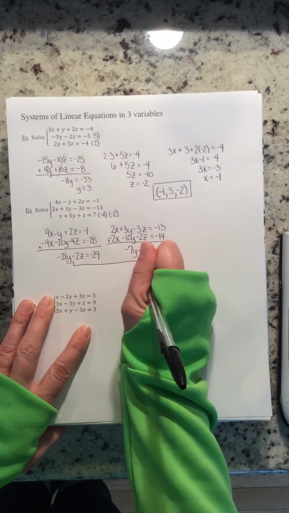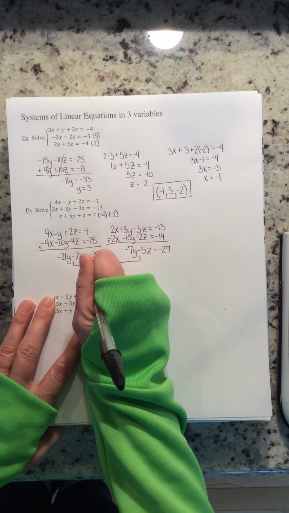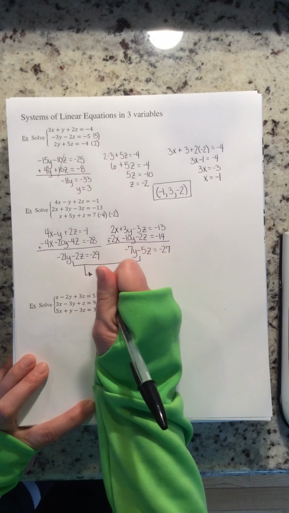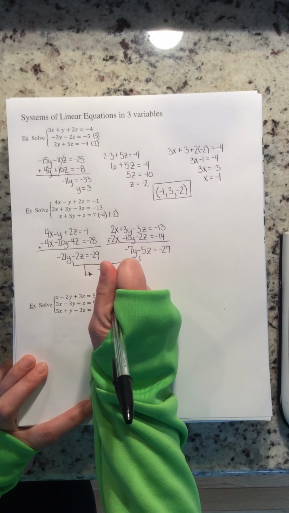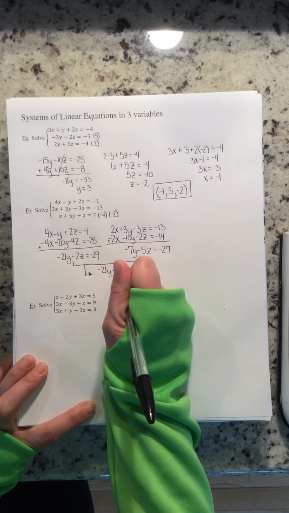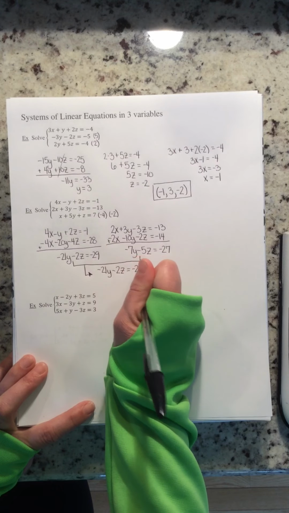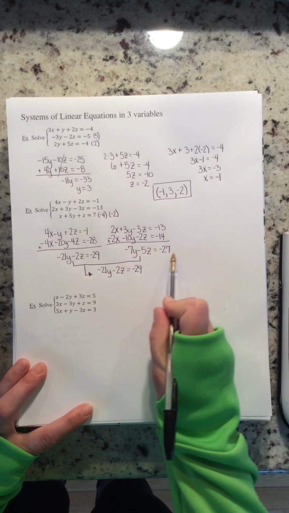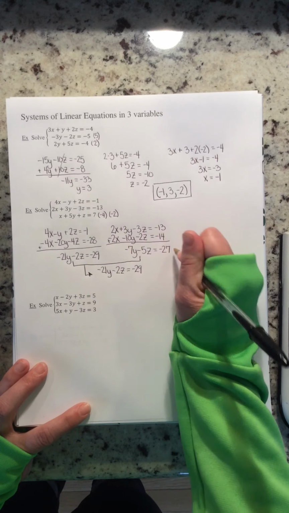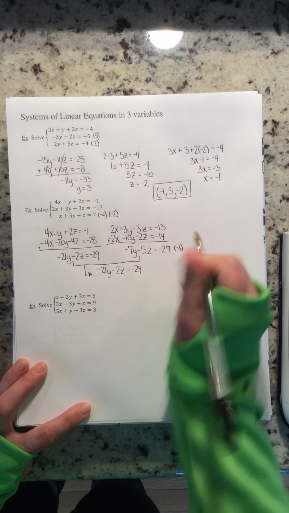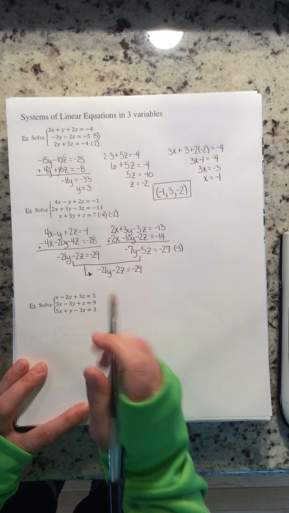So now performing elimination on these two equations, I'm going to leave that first equation with the negative 21y alone. And I'm going to now multiply the second equation by a negative 3 so that I will now have a positive 21y here.